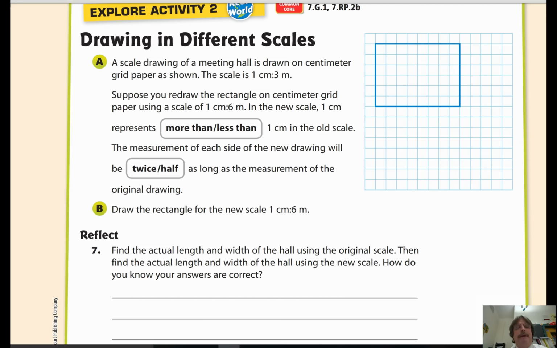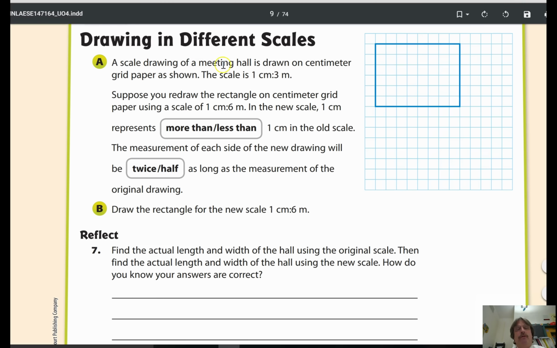So in this last piece here, we're looking at a scale drawing of a meeting hall drawn on a centimeter grid paper as shown. The scale is 1 centimeter is equal to 3 meters. So what they're saying is that that's 1, 2, 3, 4, 5, 6, 7, 8. So that's 8 centimeters.